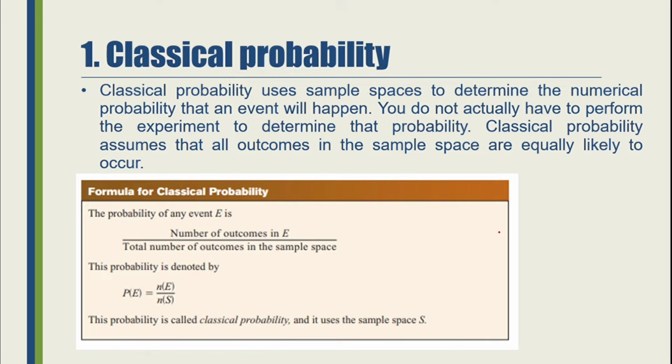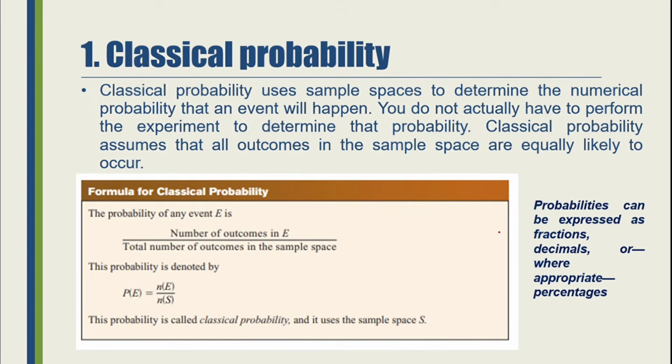This is called classical probability and it uses the sample space S. Probabilities can be expressed as fractions, decimals, or where appropriate percentages. Again, it can be fractions, decimals, or percentages, but mostly we could have fractions.